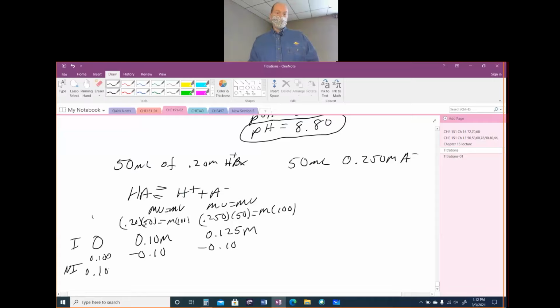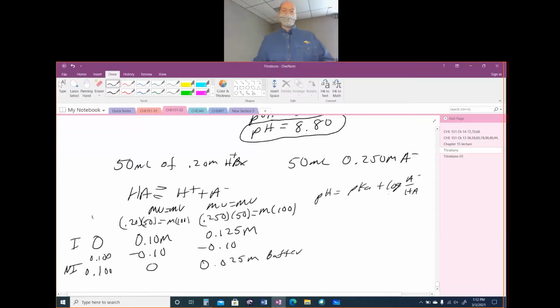All right, and so you have your buffer. So once you have your buffer, you have pH is equal to your pKa plus the log A minus over HA. If you don't recognize the buffer and you go through the equilibrium, you get exactly the same answer. It's just a lot more work.